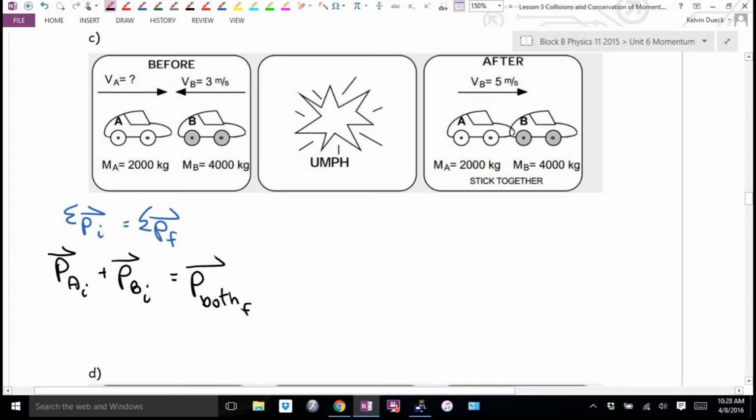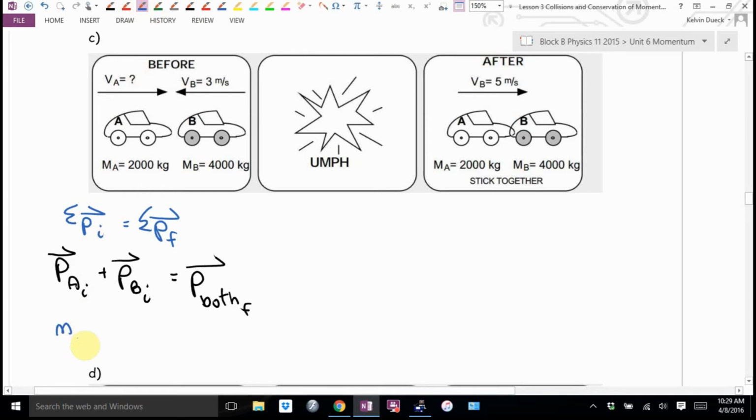They're stuck together. Oh, and since they're stuck together, what's the mass of this big Uber object? Not 2,000, not 4,000. What's going to be the mass of this thing? 6,000. We add, we don't times. 2 plus 4 is 6. Okay? Momentum is what times what, folks?